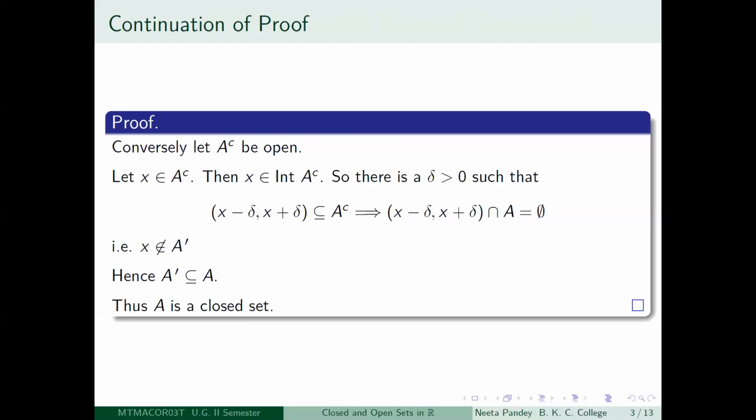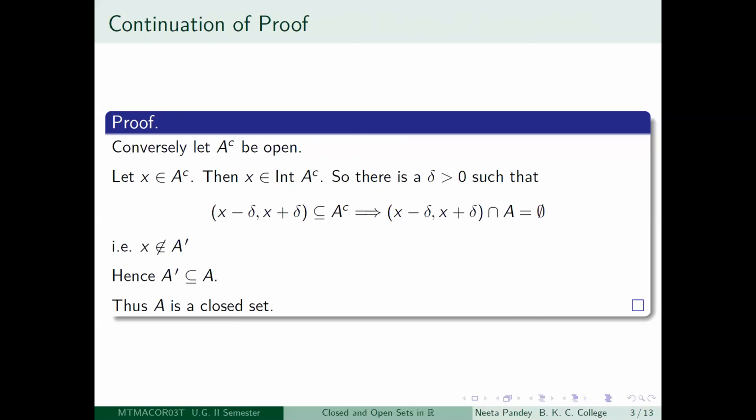So this is De Morgan's law, which I'm stating for two sets, but it is actually true for arbitrarily many sets. And therefore, if you use that law and the fact that a set is open if and only if its complement is closed, then you will notice that you can give a separate set of proofs of all the results which you proved for closed sets using the results of open sets, or vice versa.